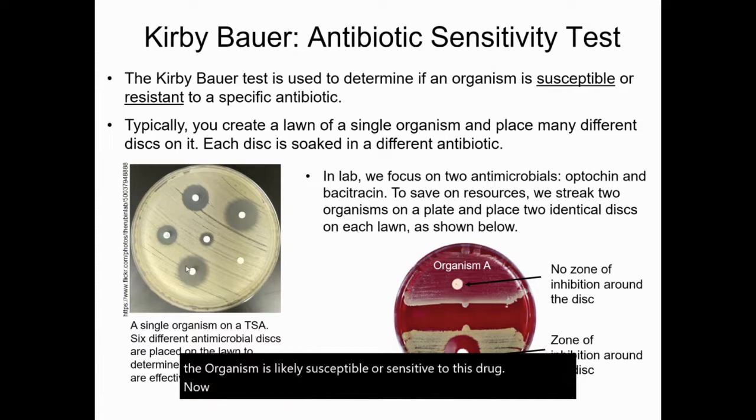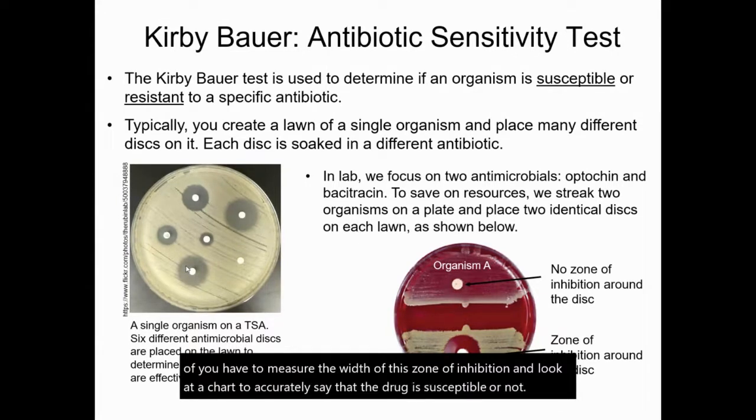Now, it is a little bit more complicated than this. You'd have to measure the width of this zone of inhibition and look at a chart to accurately say that the drug is susceptible or not. Or I'm sorry, that the organism is susceptible or not to that drug.